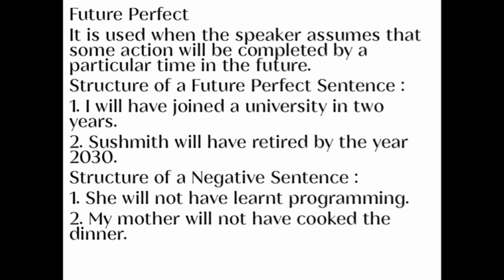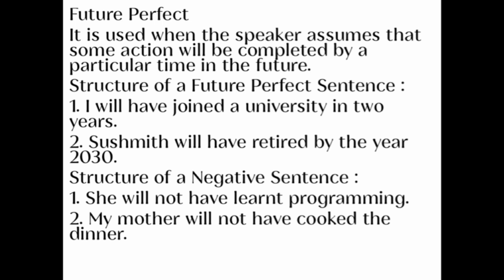Structure of a future perfect sentence. Example: I will have joined the university in 2 years. So here it is including subject plus auxiliary verb. Will have is an auxiliary verb here plus past participle plus object. Next example we have, Sushmit will have retired by the year 2030.